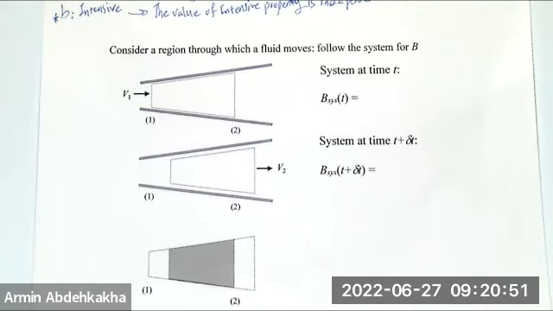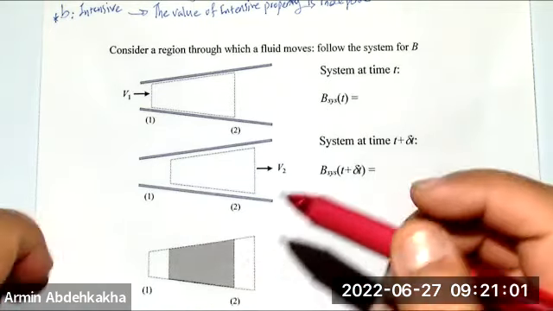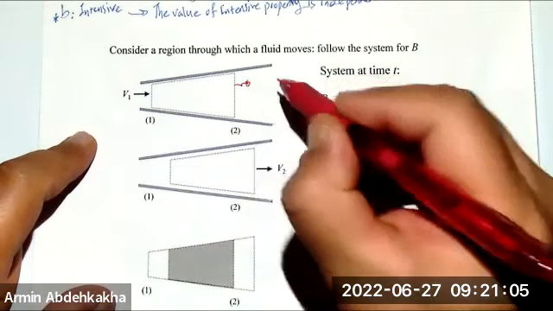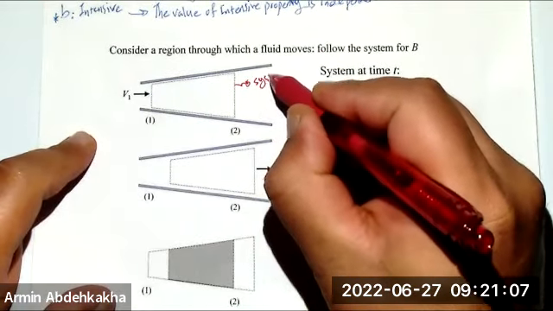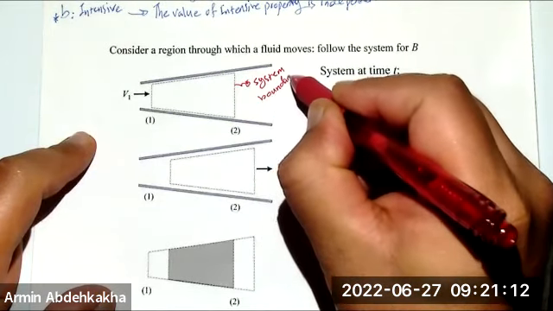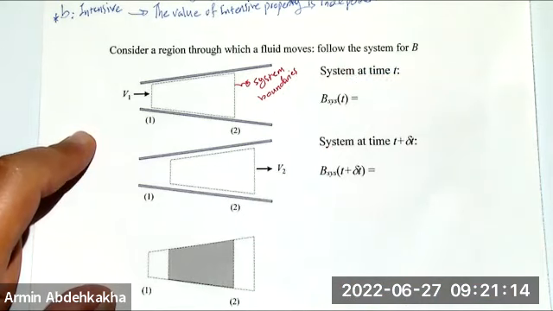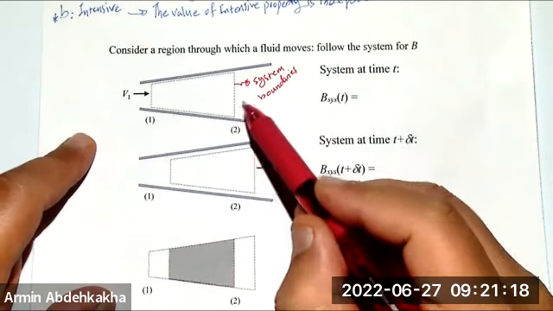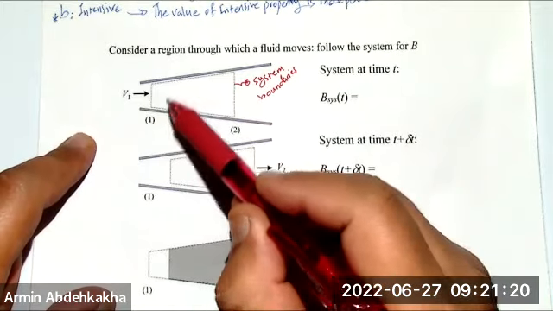First, let's say you have a flow at time 0, right? So this is the flow at time 0, and this is your boundaries. I will write that this is your system boundaries. Okay, so these are our system boundaries, and they are fixed because the flow is at time 0.